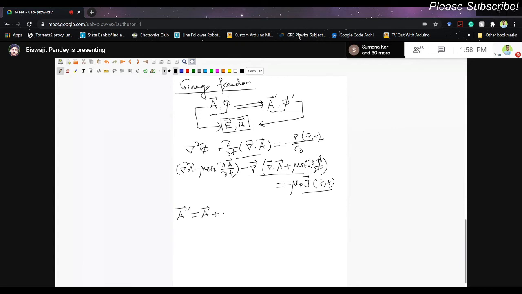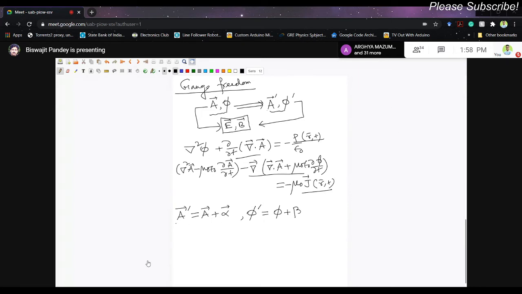This is something I have added to A, so it's a new vector potential. And we have the new scalar potential phi prime, which is phi plus some beta. So I add some number to it and call it my scalar potential.